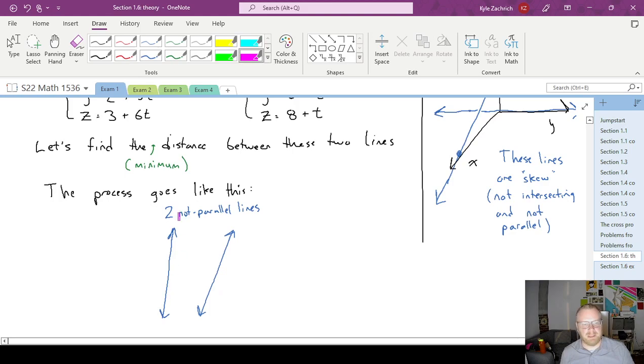And those planes are each going to contain one of these lines here.